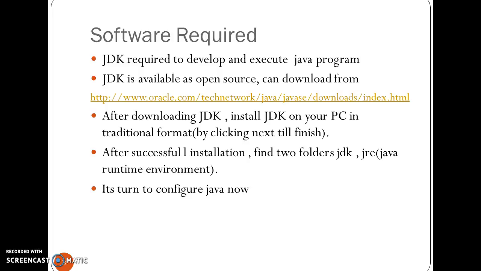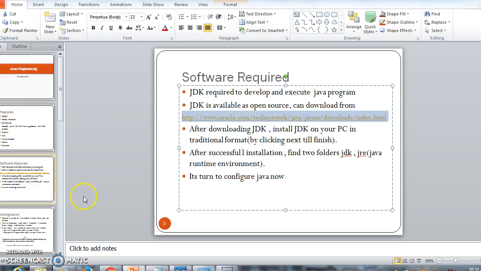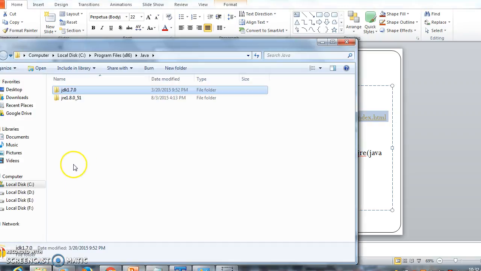Once that is done, assuming the JDK has been successfully installed, you can move into the specific location and see two different folders, one JDK and one JRE. JDK stands for the basic programming part, and JRE for the Java Runtime Environment.